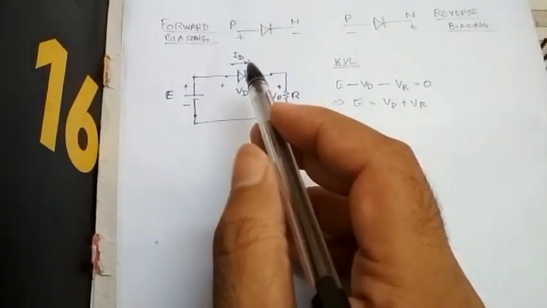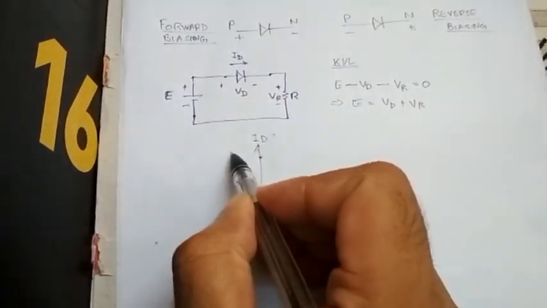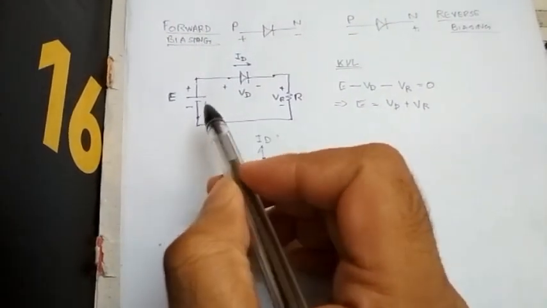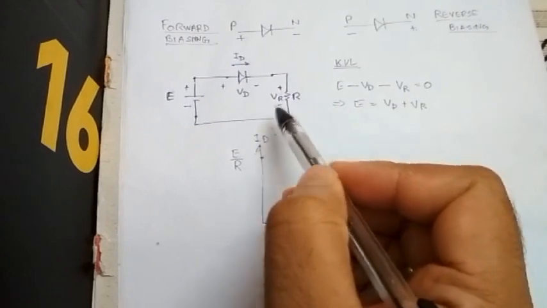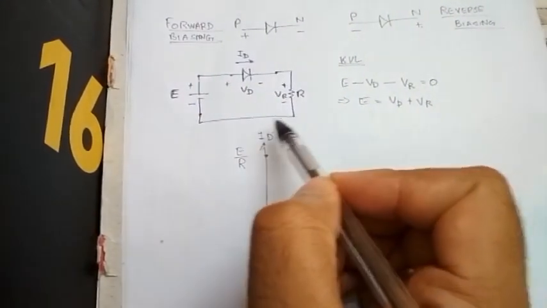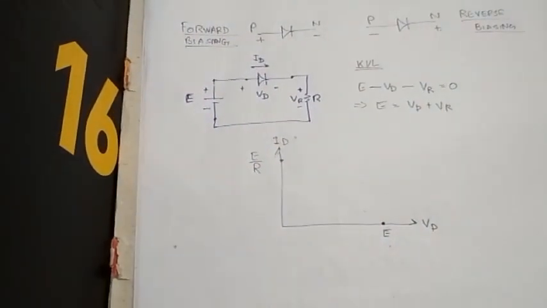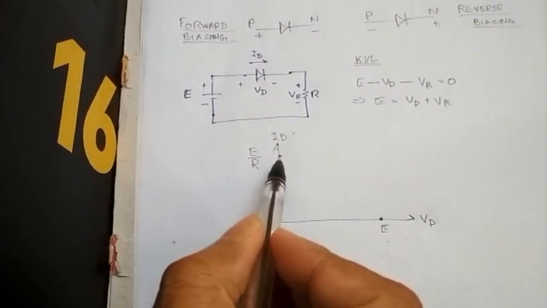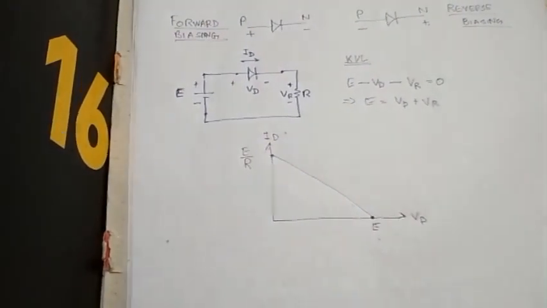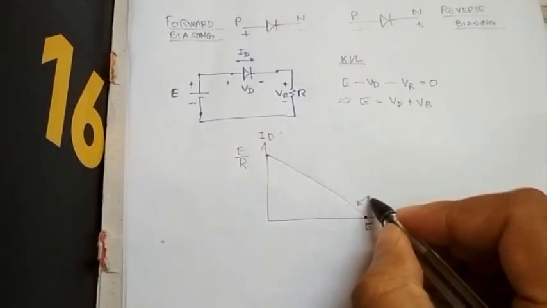So this ID can also be expressed as E by R, that is the voltage divided by the resistance, which is the current that passes through this circuit. Now if we join this line, this becomes the load line.